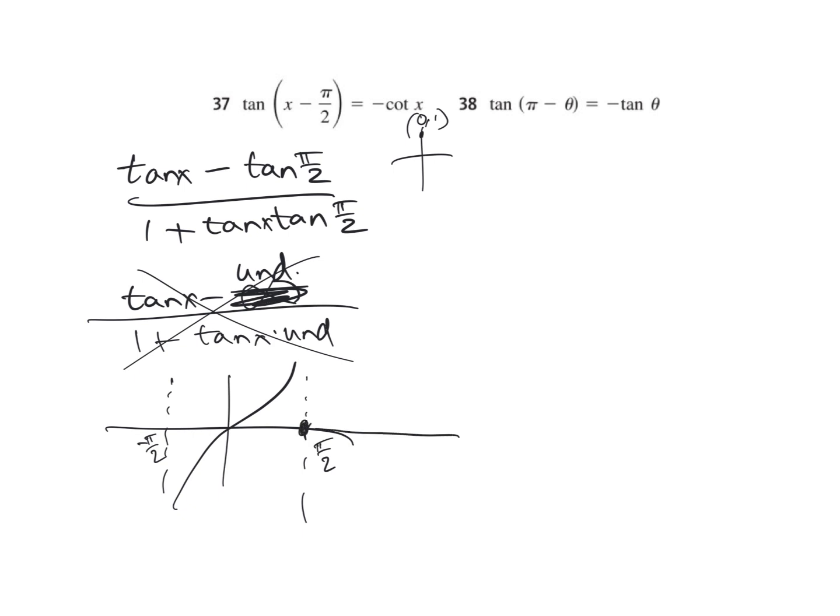All right, now let's do this one in blue. The cotangent is at pi over 2. I'm sorry. So if we draw the cotangent, but notice you have a negative out in front, so that's a vertical reflection. So it's going to make it look like this.